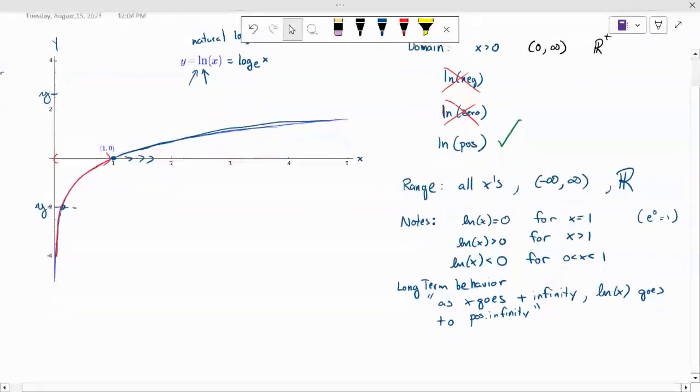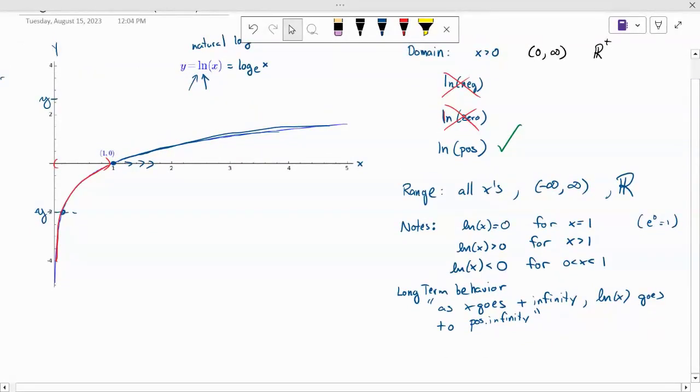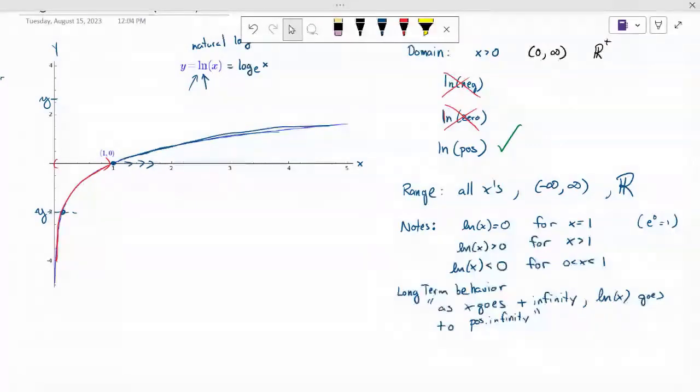Okay, and so what happens as x goes to negative infinity? Or rather, what's wrong with me saying x goes to negative infinity here? It doesn't. Thank you. The log doesn't exist for negative x's or 0. There's no long-term behavior if x goes to negative infinity.